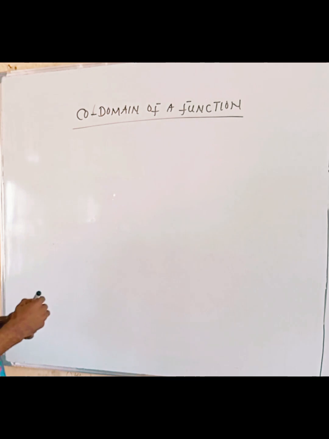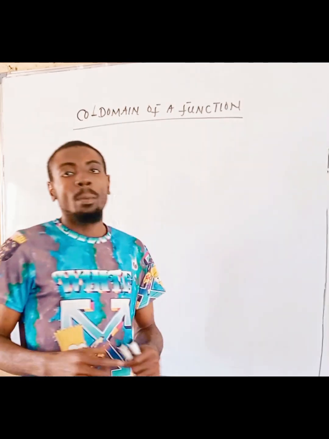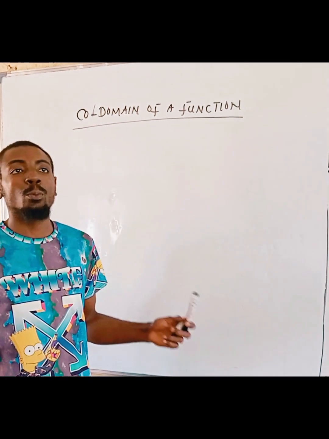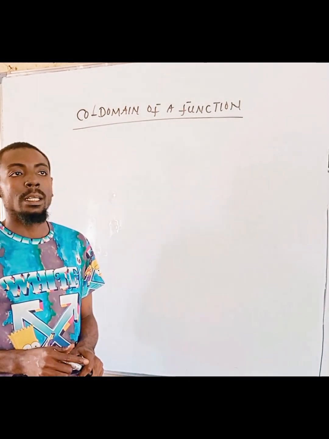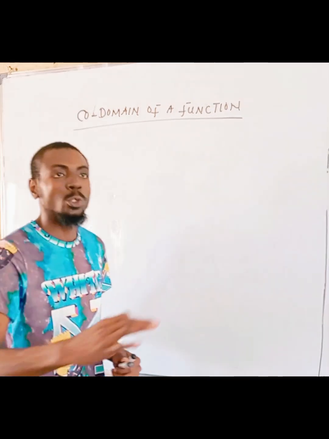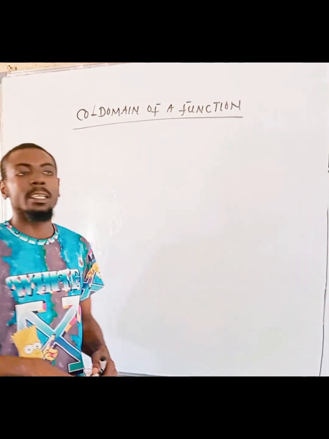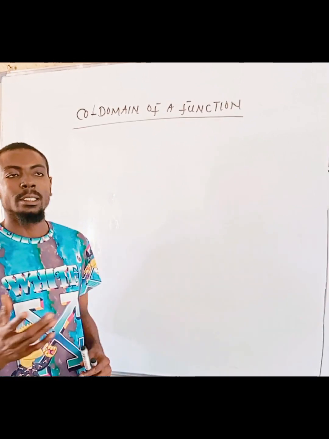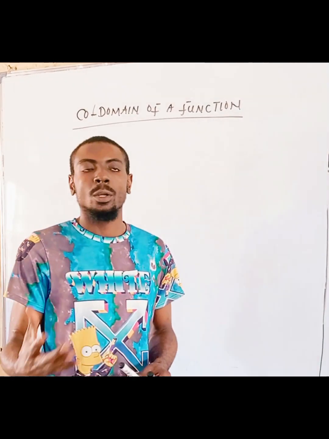Okay, without wasting much time, codomain is the range of outputs. You can say the output of a function is the codomain, while the range of inputs that defines a function is the domain, while the corresponding output is taken to be the codomain.